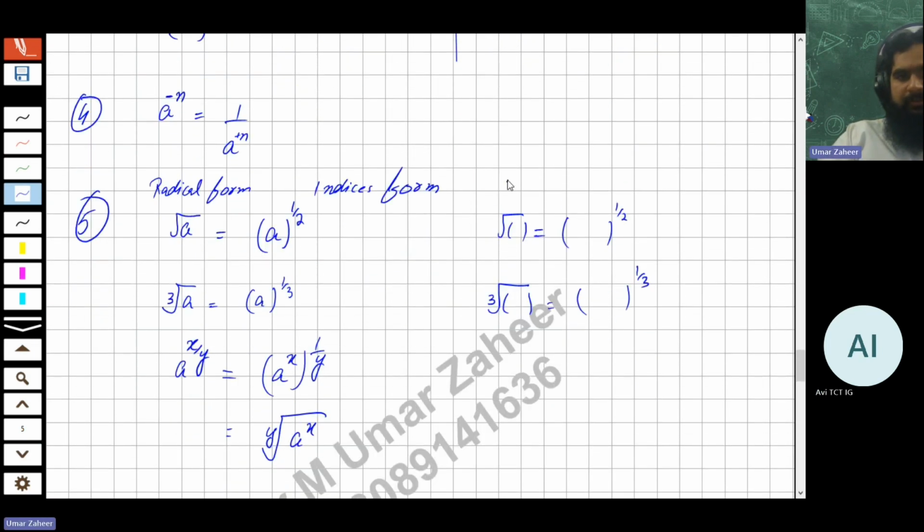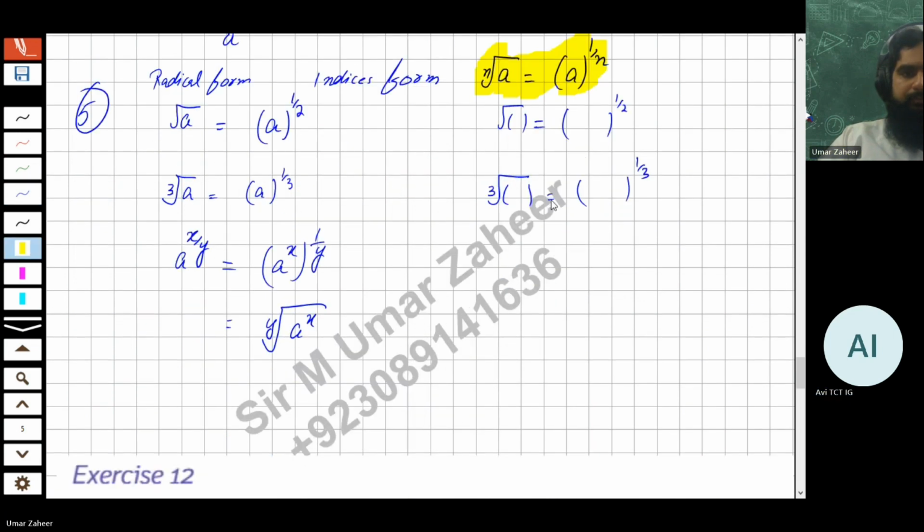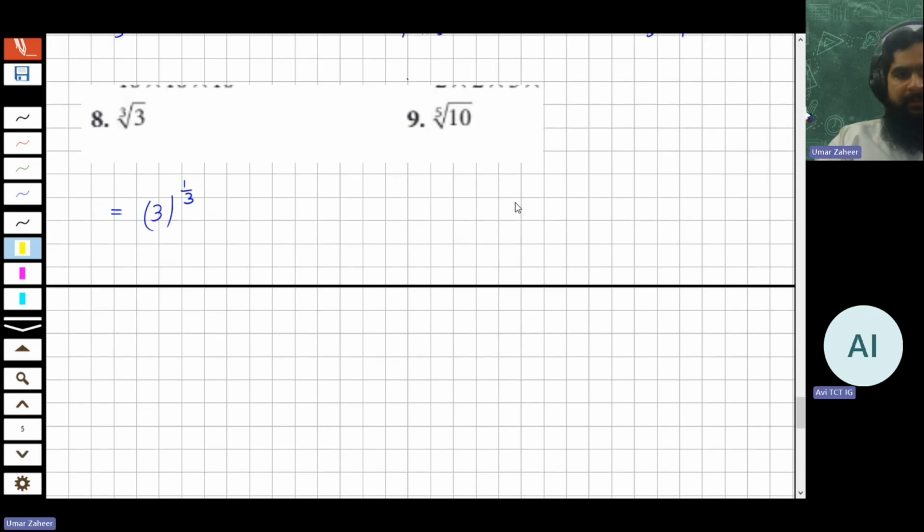The general form is if you have nth root of a, that will be equal to a raised to power 1 by n. It is equal to the indices form of this one. Here, 10 raised to power 1 by 5.